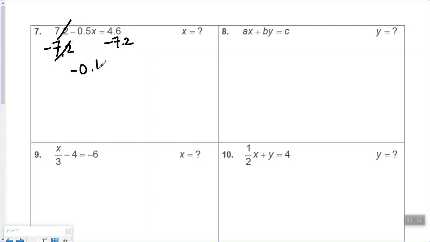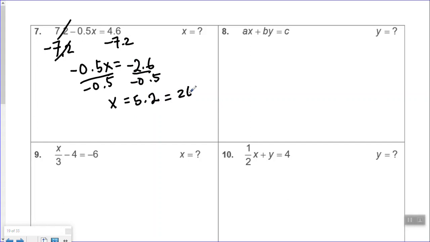Bring down negative 0.5x. 4.6 minus 7.2 is, put in your calculator, it will give negative 2.6. Divide both sides by -0.5. Put in your calculator. Your calculator gives you 5.2. Negative divided by negative becomes positive. Also, if you change it to fraction, it will give you 26 over 5.